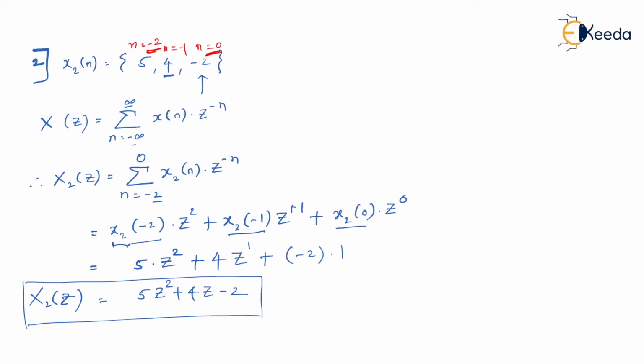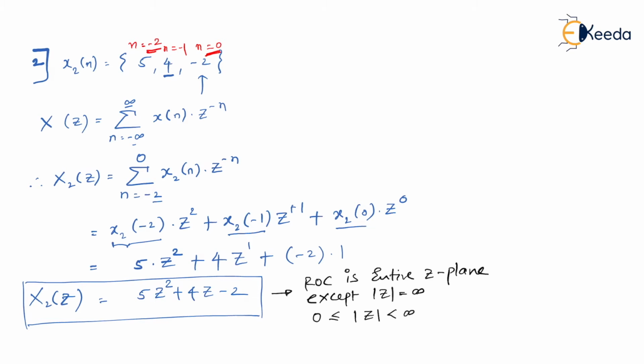Then I can comment that the ROC is the entire z plane except z equal to infinity. Or you can say that mod of z can be anywhere between 0, but it should be less than infinity. Or you can just simply write mod of z should be less than infinity. So it is going to cover all other values other than infinity.